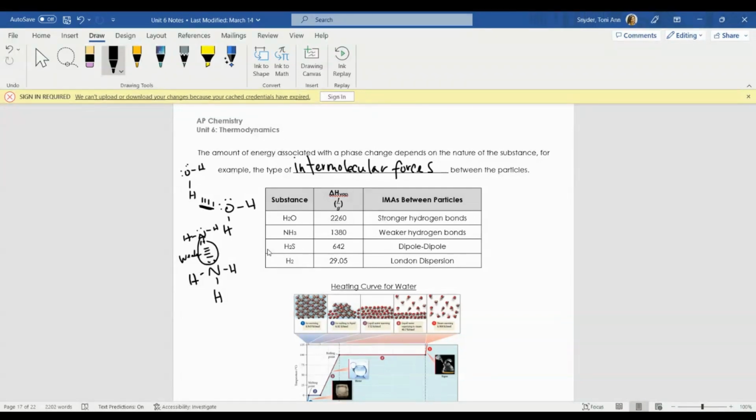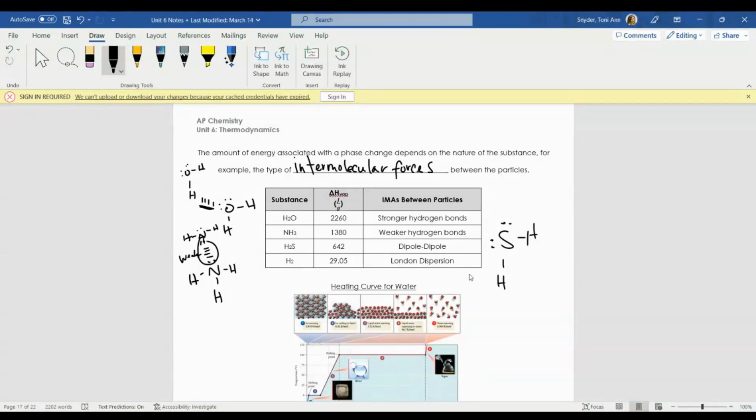Hydrogen sulfide does not have the ability to hydrogen bond. It is a polar molecule. So if I draw H2S, highly polar, it experiences dipole-dipole intermolecular forces of attraction. Even though this is polar, those dipole-dipoles are not nearly as strong as those hydrogen bonds.